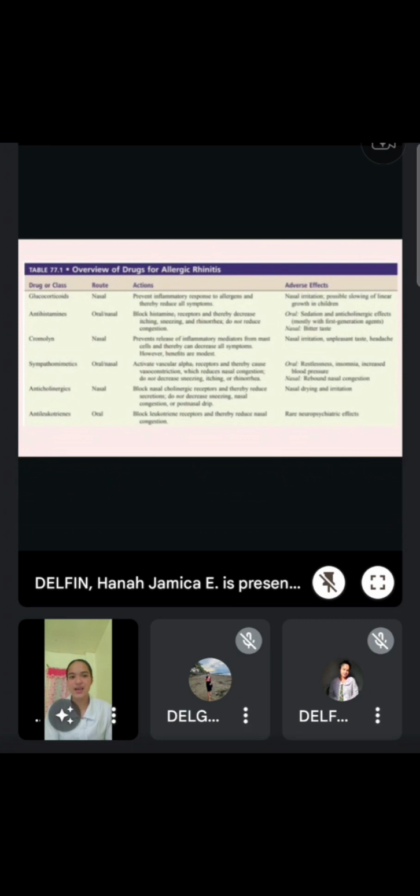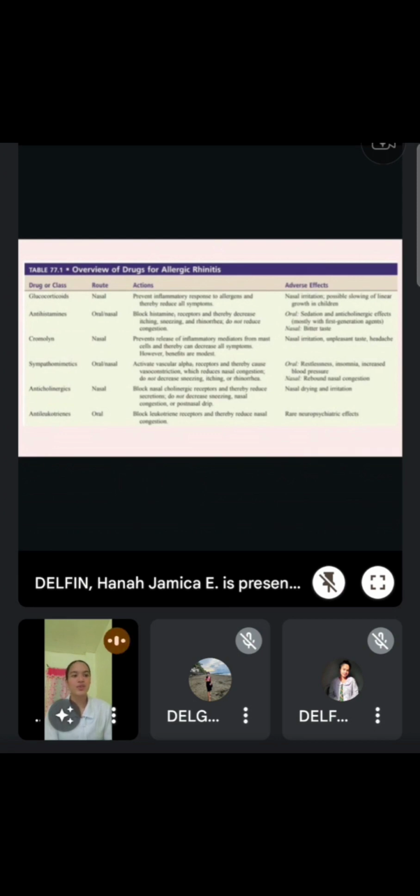The next is the sympathomimetics or decongestants. Action and uses. Sympathomimetics reduce nasal congestion by activating alpha adrenergic receptors on nasal blood vessels. This causes vasoconstriction, which in turn causes shrinkage of swollen membranes, followed by nasal drainage.